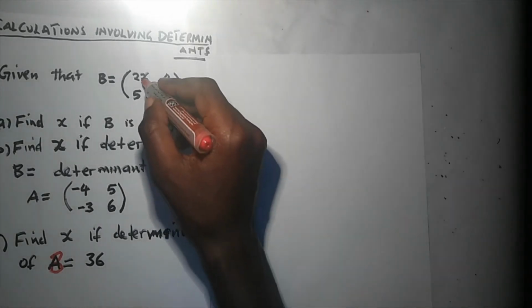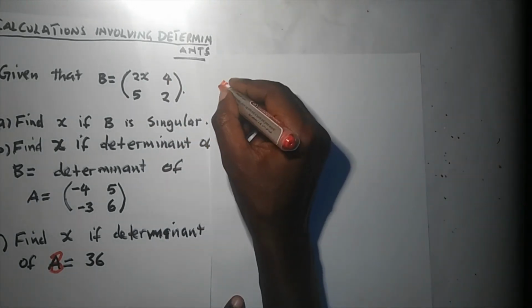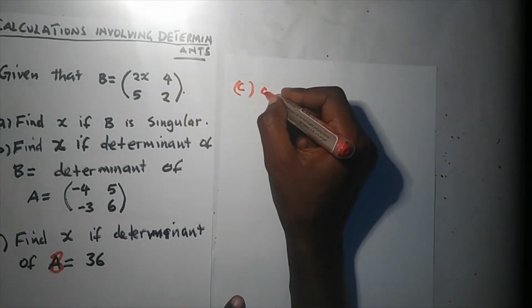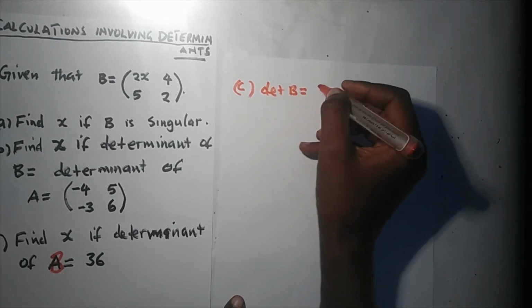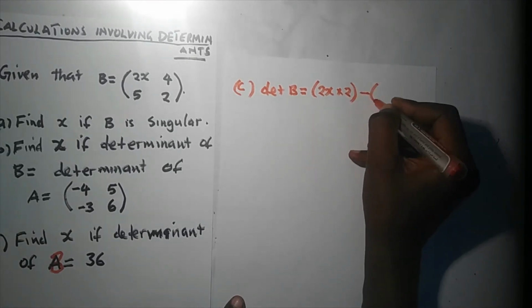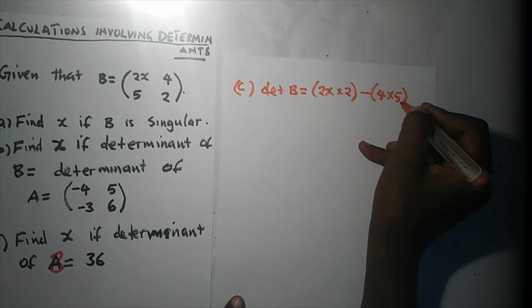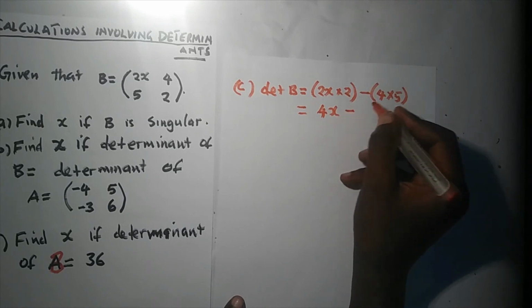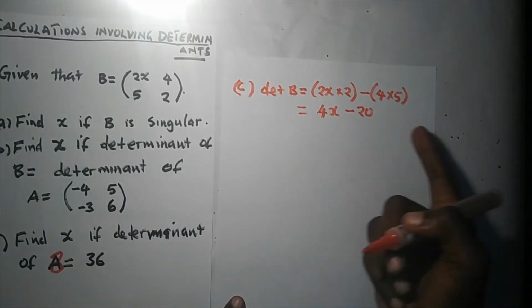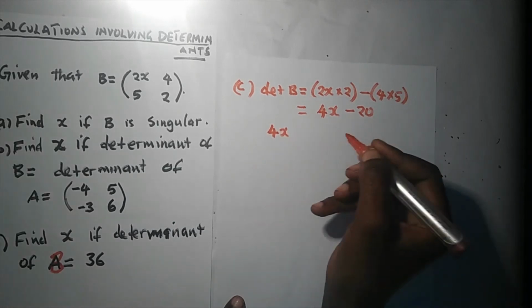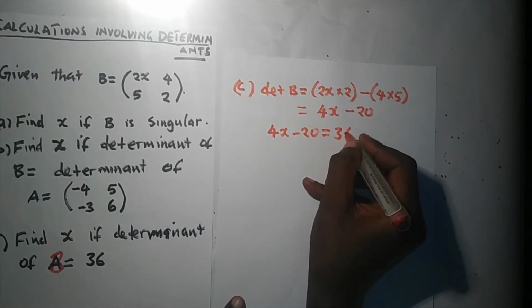We are going to find an expression for the determinant of B. So the determinant of B will be equal to 2x times 2 minus 4 times 5. This is going to give us 4x minus 4 times 5, which is 20. So we have this expression now for the determinant of B, and we are told that the determinant of B is 36. So we are going to have now 4x minus 20 is equal to 36.